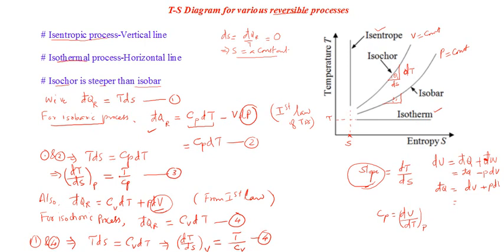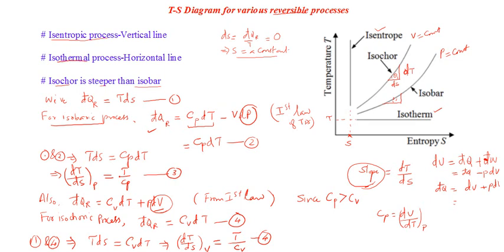For a gaseous system, what is the comparison of Cp and Cv? Mayer's relation will help you. Cp is always greater than Cv. In equation 3, Cp is in the denominator.